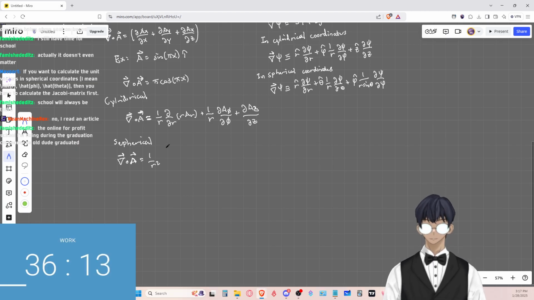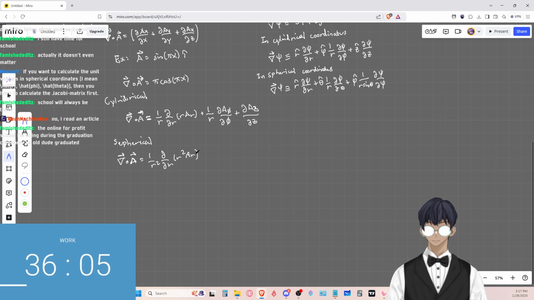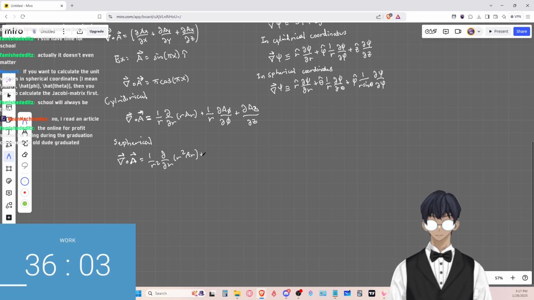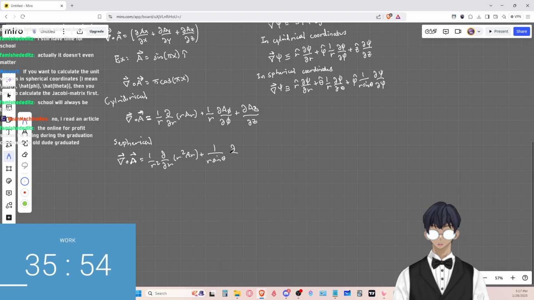X squared. Yeah, I try not to memorize too much, but if I do memorize some of it, it's not too bad. But I would like to understand where it comes from.